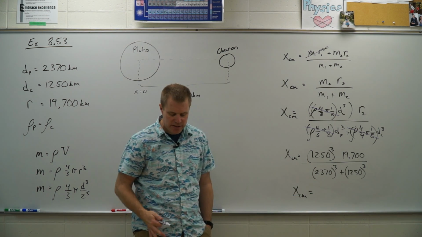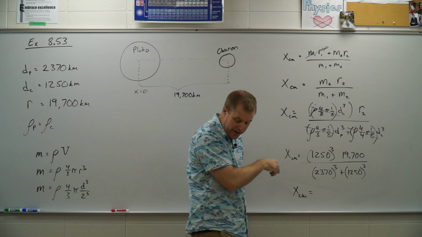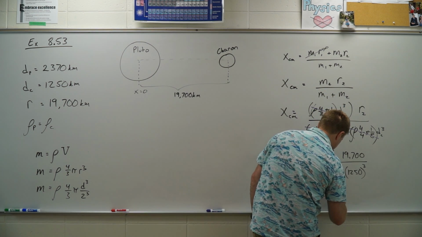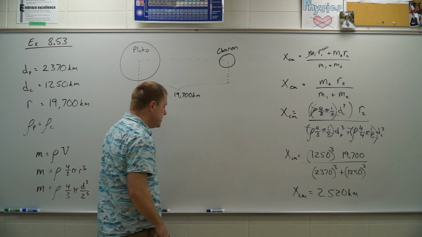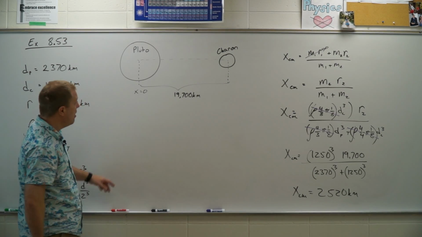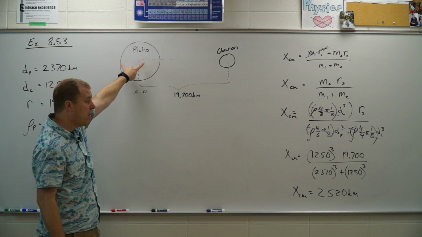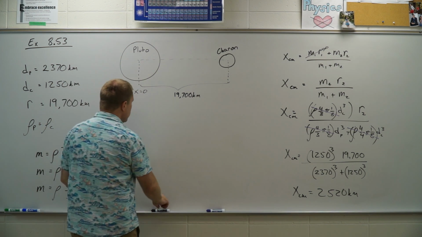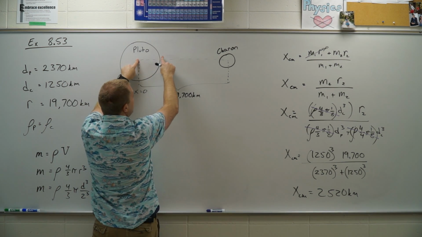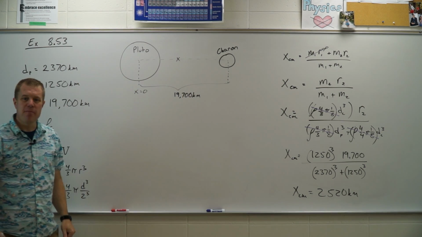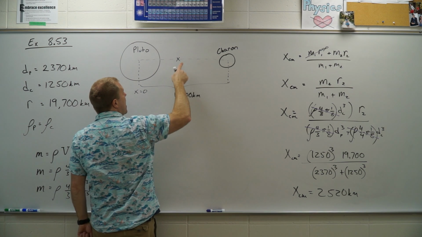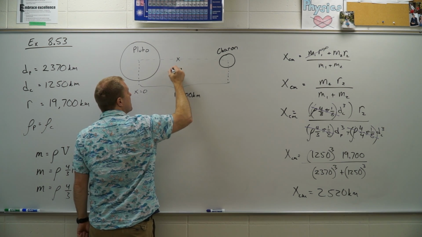So the location of the center of mass here when we calculate is 2,520 kilometers. Well, the radius of Pluto is only 1,185 kilometers. So that location of that center of mass is outside of Pluto significantly.